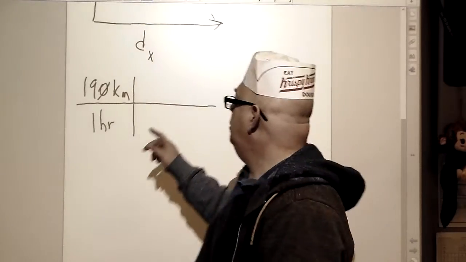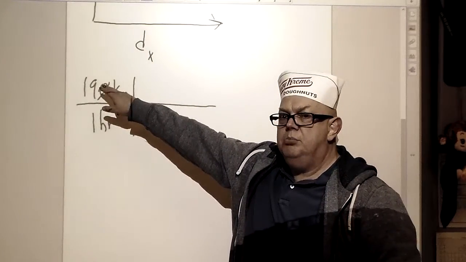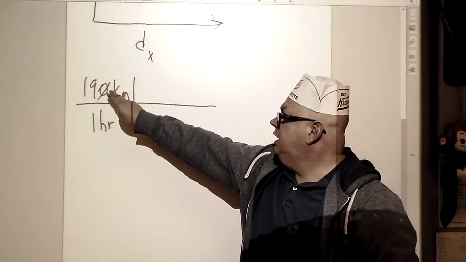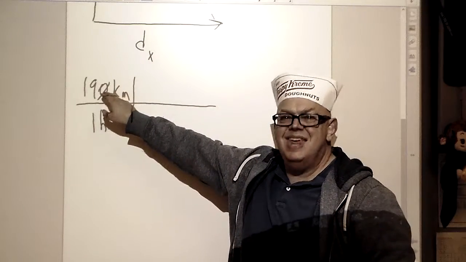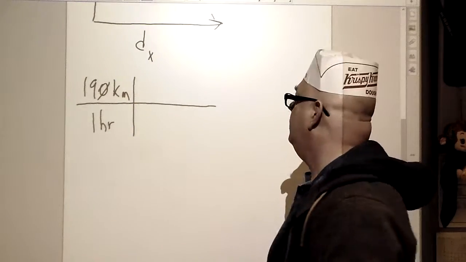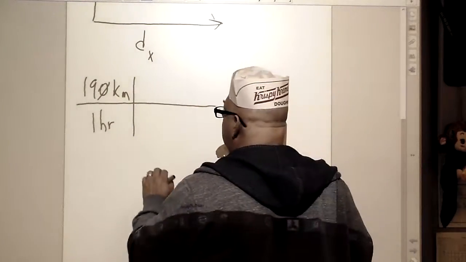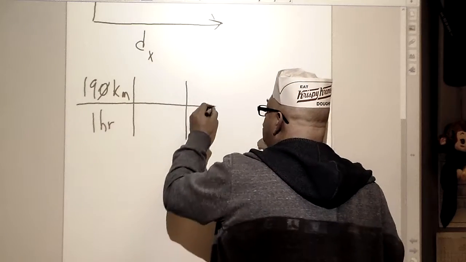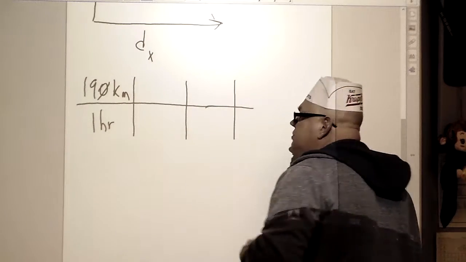When you put something in bridge notation like this, you can't have two units in the same box. It's one unit per box. That's a very important thing.